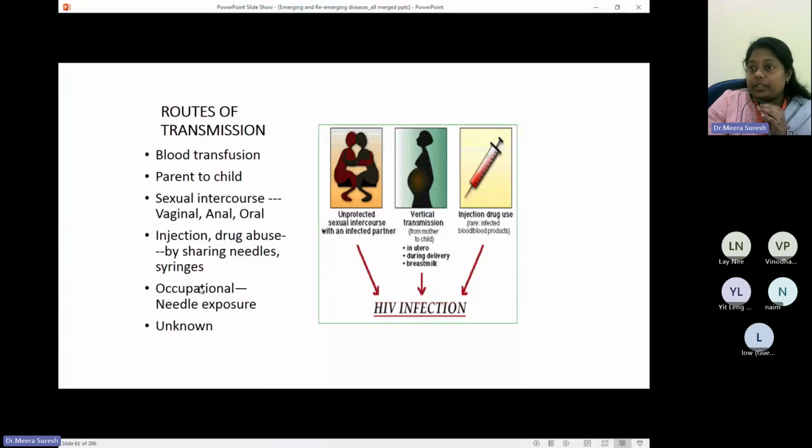Still, not all people are complying with these preventive measures. Even with the number of people who are aware about AIDS and its transmission methods, the decrease that we should see in the incidence or new cases is not happening in AIDS.